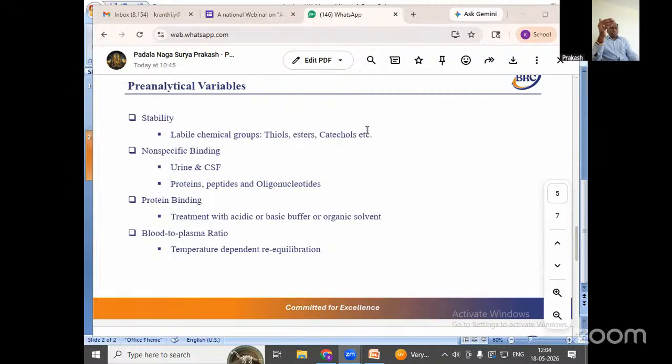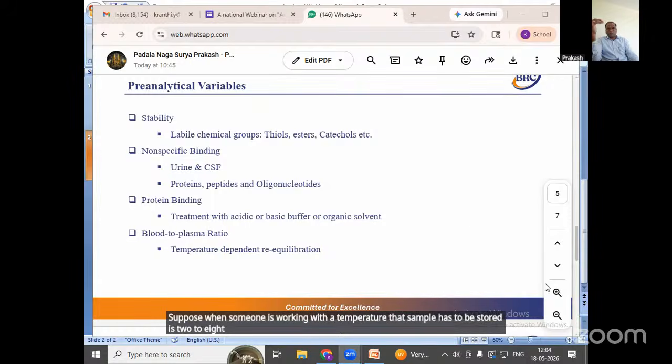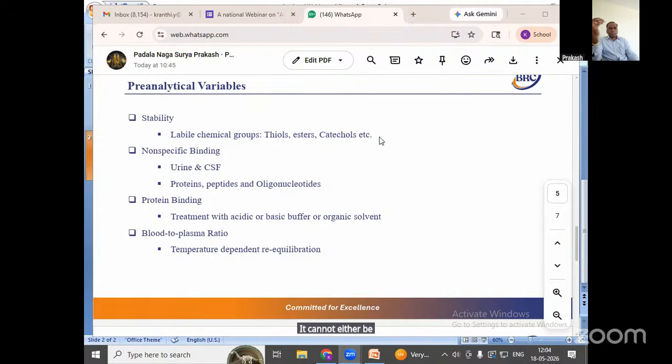Suppose someone is working with blood: the ideal temperature at which the sample has to be stored is 2 to 8 degrees. It cannot be stored at freezer temperature, which is -80.